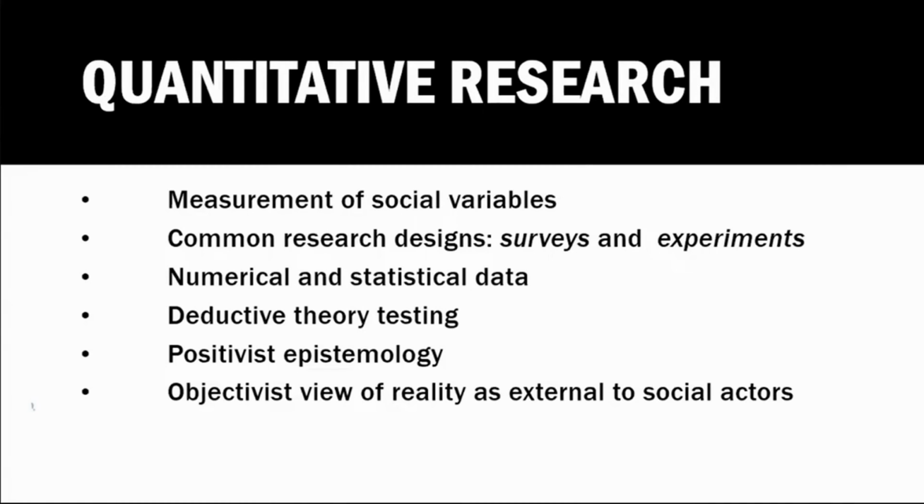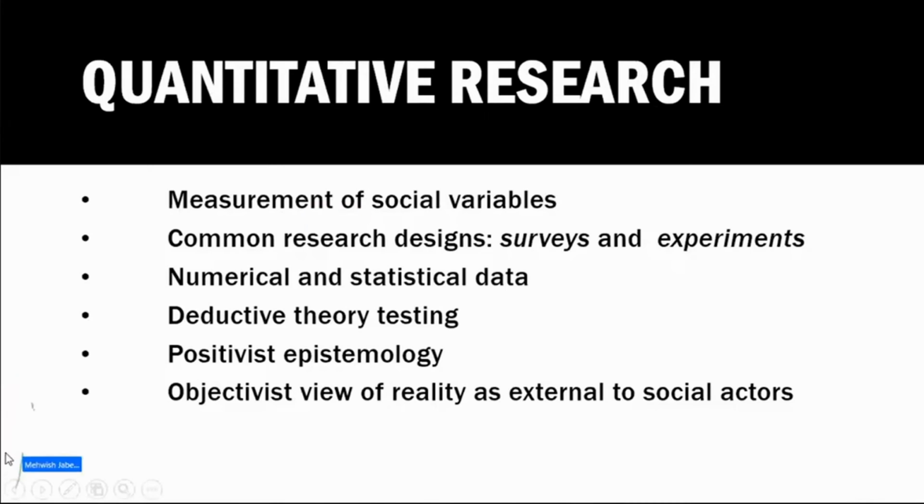And as I told you, we have deductive theory testing, and our epistemology is positivist, in which we are looking for numbers, we are looking for natural science rules that we have evidence, which evidence is scientifically collected. And then we have objectivist view of reality as external to social actors. We assume that the social researcher has a value free paradigm in this research.